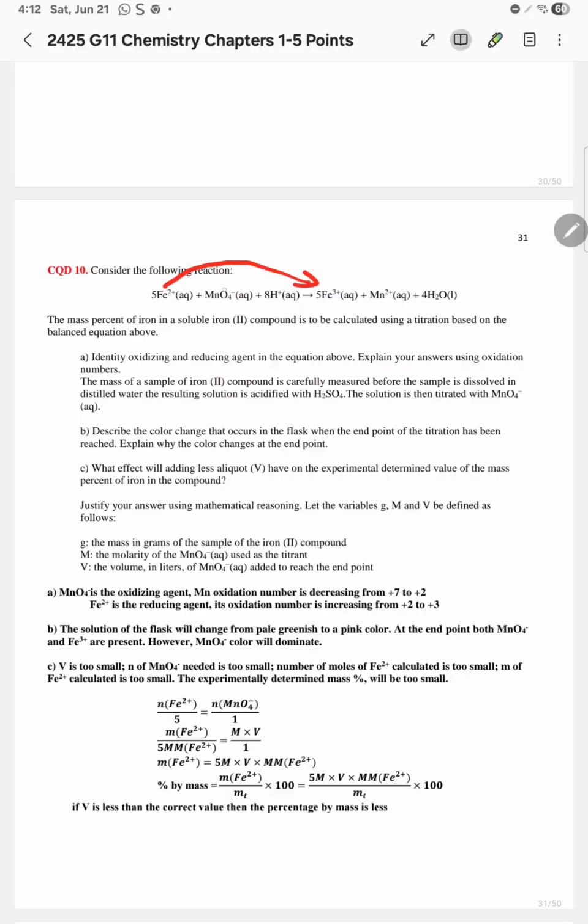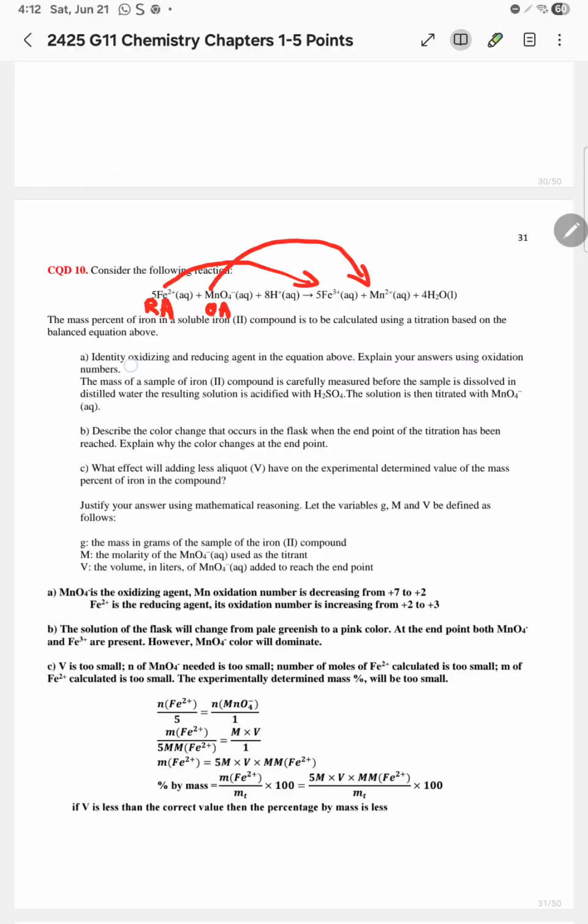The O went from being -2 to staying -2. Nothing happened to the O. Mn went from 8 to 2, so it was reduced. So your oxidizing agent was MnO4, and Fe was your reducing agent. Even though Fe got oxidized and Mn got reduced, you always oppose them.